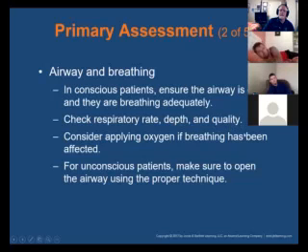So rate, depth, rhythm, and quality. That gives us a quick idea that our patient has a respiratory issue that we need to deal with, if possible, right now.